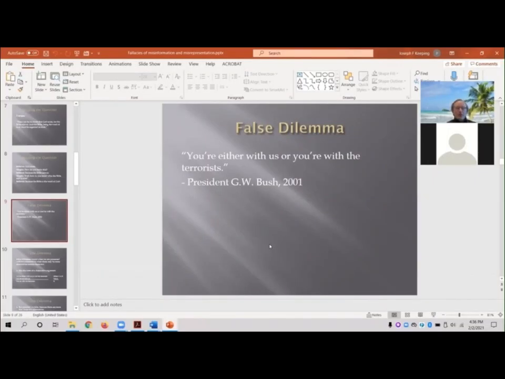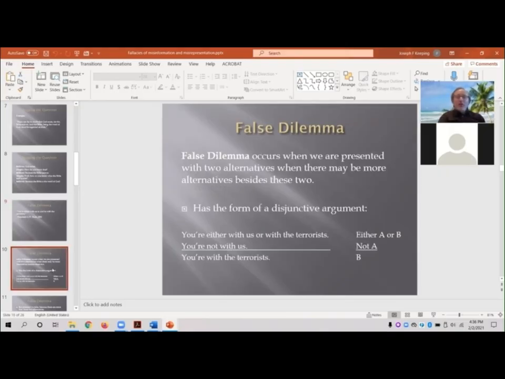There's more than two options. He says you're either with us or you're with the terrorists, but it's possible for you to neither support the war on terror nor be on the side of the terrorists. You can be neutral. So that's why this is an example of the fallacy called false dilemma, which occurs when we're presented with two alternatives, but those are not the only two alternatives available.